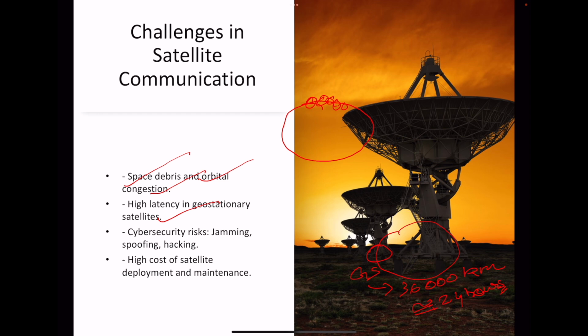So latency means the time where the signal goes and comes, high latency will be there. And then cyber security risks, that is jamming, spoofing, hacking, everything is there, and it is very highly costly. Even right now our normal tariffs are only increasing day by day. Just imagine if you're using satellite communication, just imagine the prices.